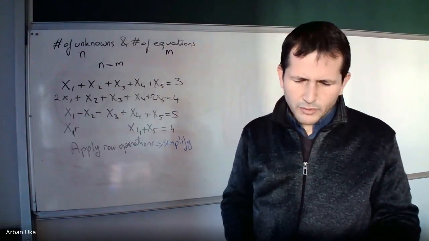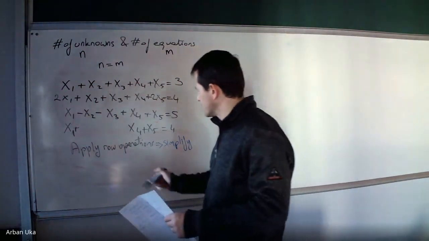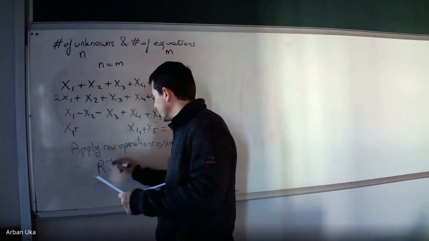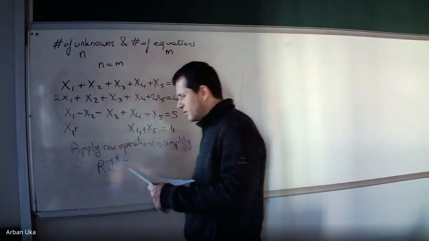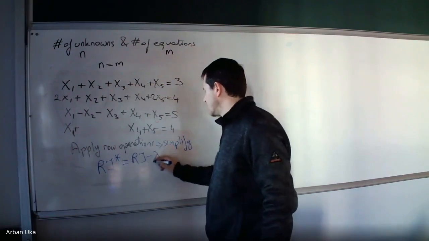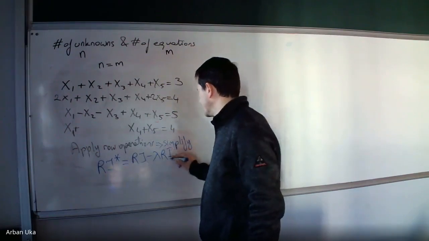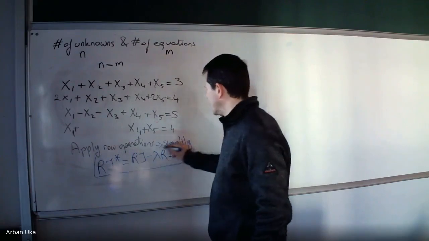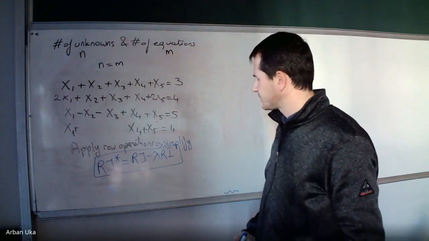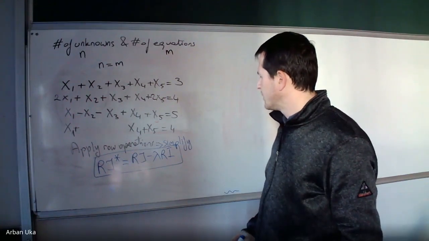And for the row operations, we define those as follows. Any row operation, row j star, is equal to row j minus lambda row i. The R stands for the row, and j and i stand for the number of the row.